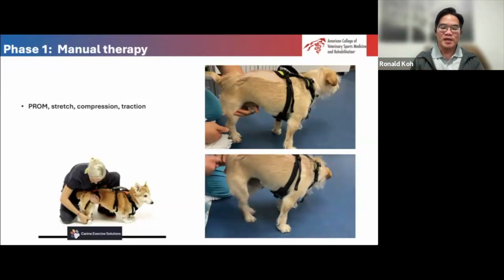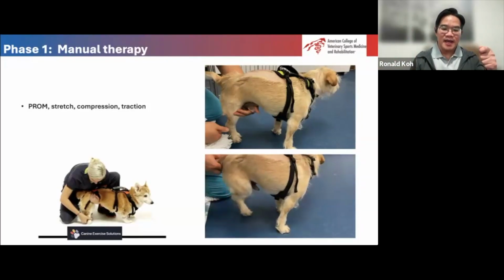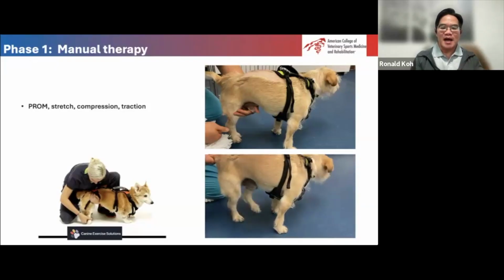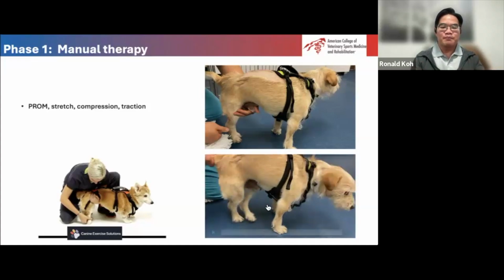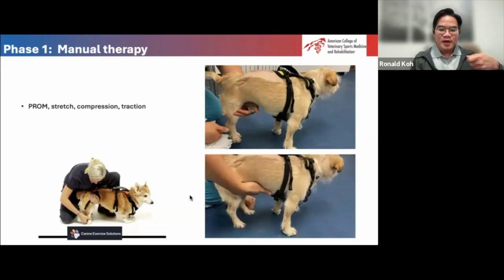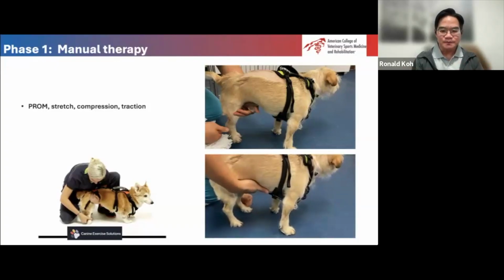Because when they flex one leg, the other leg has to push down to bear weight, right? So this one thing that I like to do is have them stand up, pinch the toe. When one leg is being flexed, the other one would kick, and then you can keep doing that on both sides.